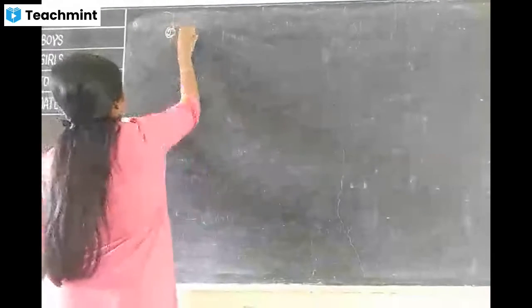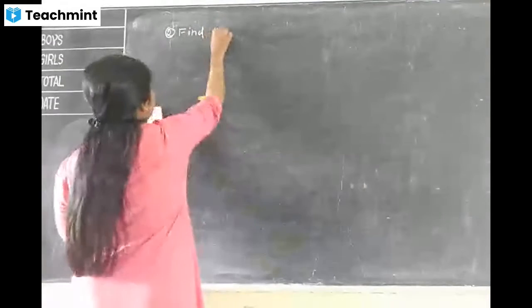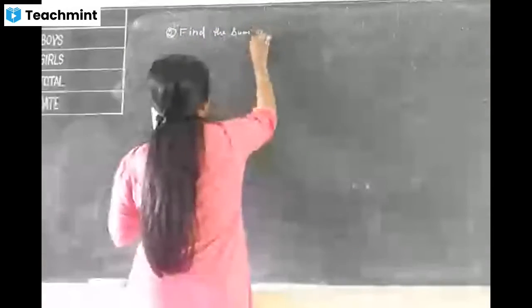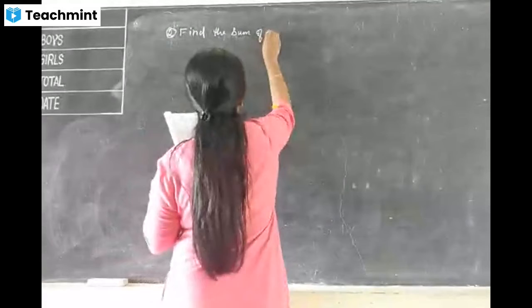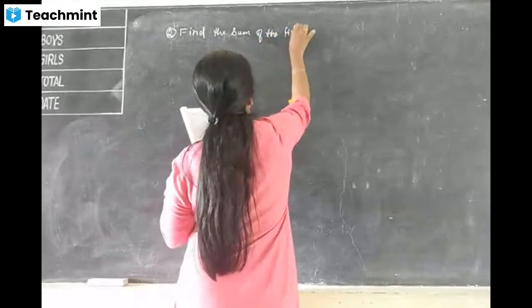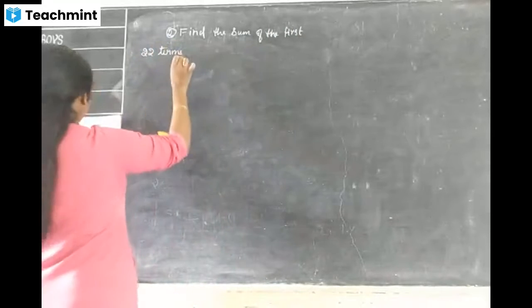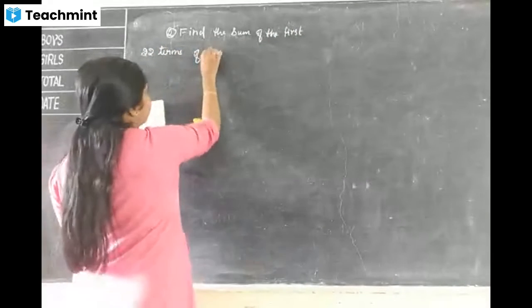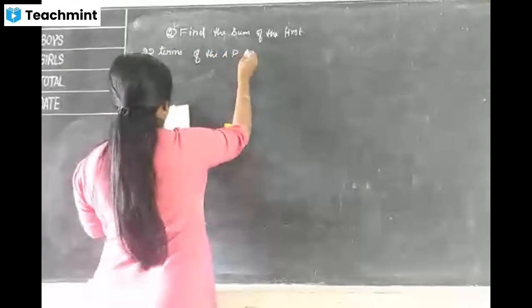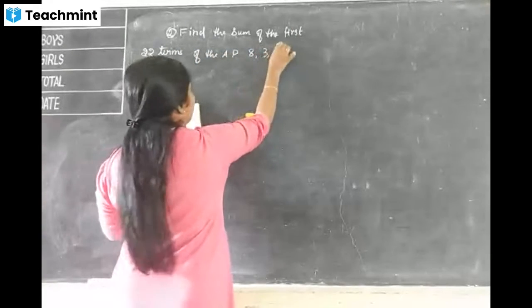Okay, next one. Simple, I'll give. Find the sum of the first 22 terms of the AP 8, 3, minus 2, and so on.